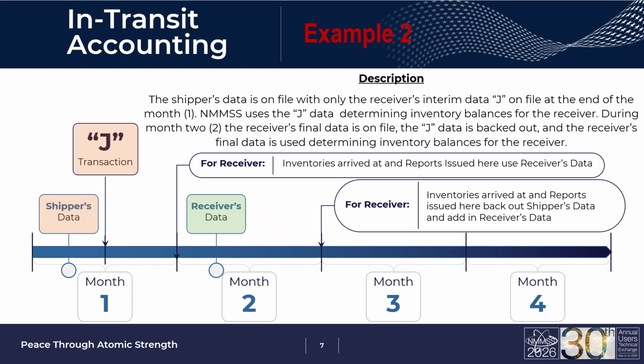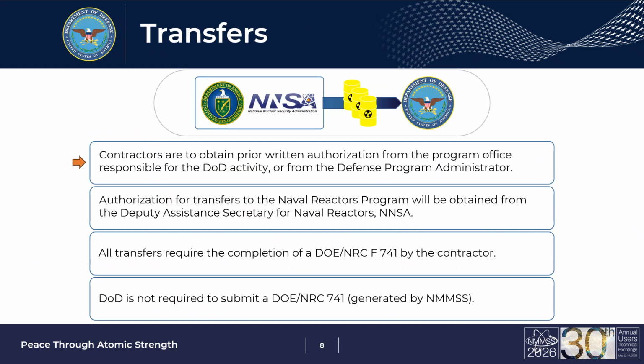For transfers between DOE and NSA sites, also called contractors, and the Department of Defense, contractors are to obtain prior written authorization from the program office responsible for the DoD activity or from the Defense Program Administrator.